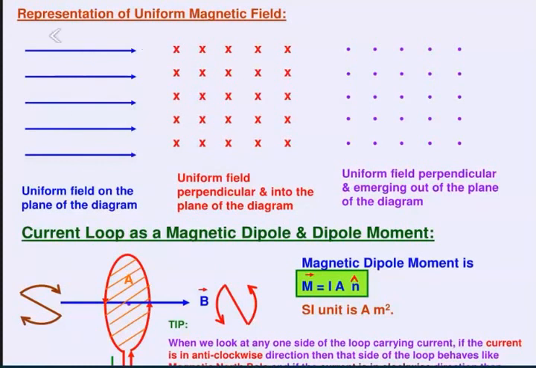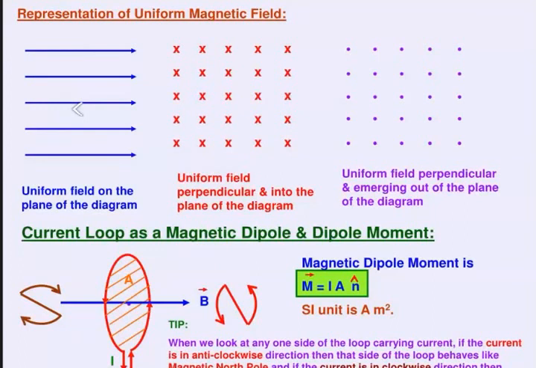On the other hand, here field lines are parallel to the plane of the figure. But if field lines are not parallel to the plane of the figure, and instead are perpendicular to the plane of the figure, then how can one represent it? How can one draw the perpendicular lines on the plane of the figure?